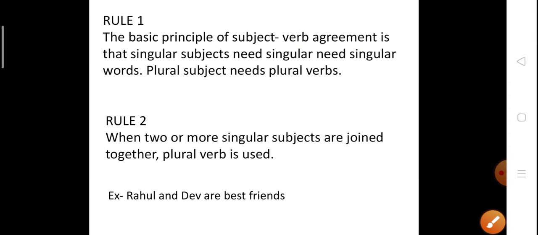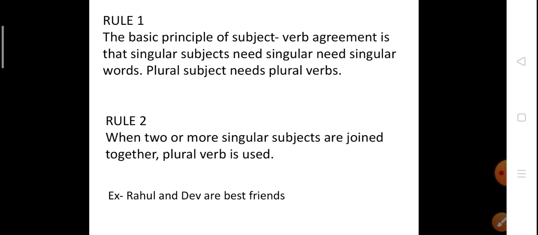But rule number 2 says that when two or more singular subjects are joined together, a plural verb is used. So if two or more singular subjects are joined with any conjunction, then a plural verb is used.